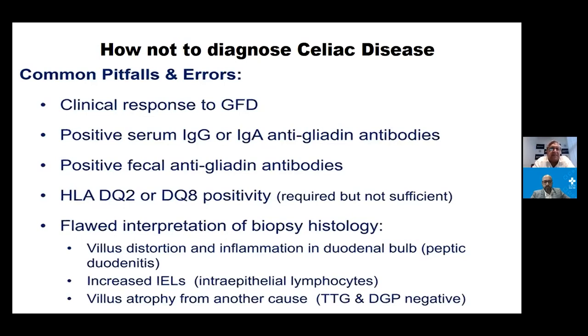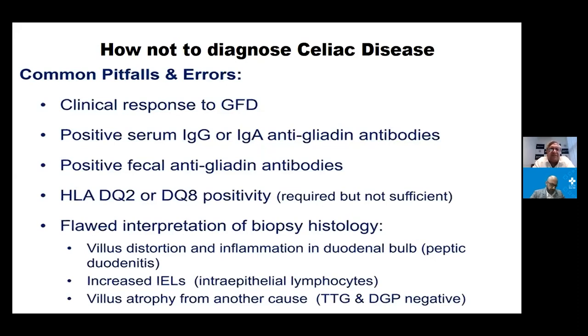And a person must be on gluten-containing diet when the investigations are carried out. This condition is completely reversible, but on today, off tomorrow, for gluten would not be the right thing to do.